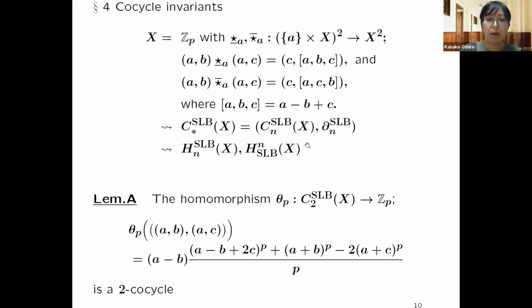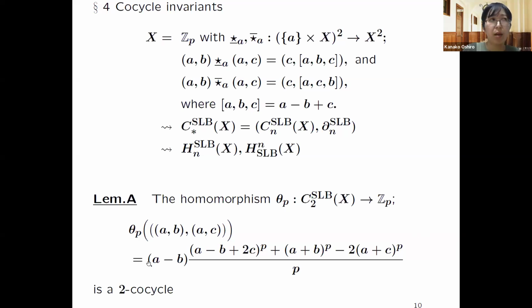As time is limited, I'd like to skip explaining these homology and cohomology groups. But we have this as a 2-cocycle: the homomorphism from this chain group to Z_p defined like this is a 2-cocycle.